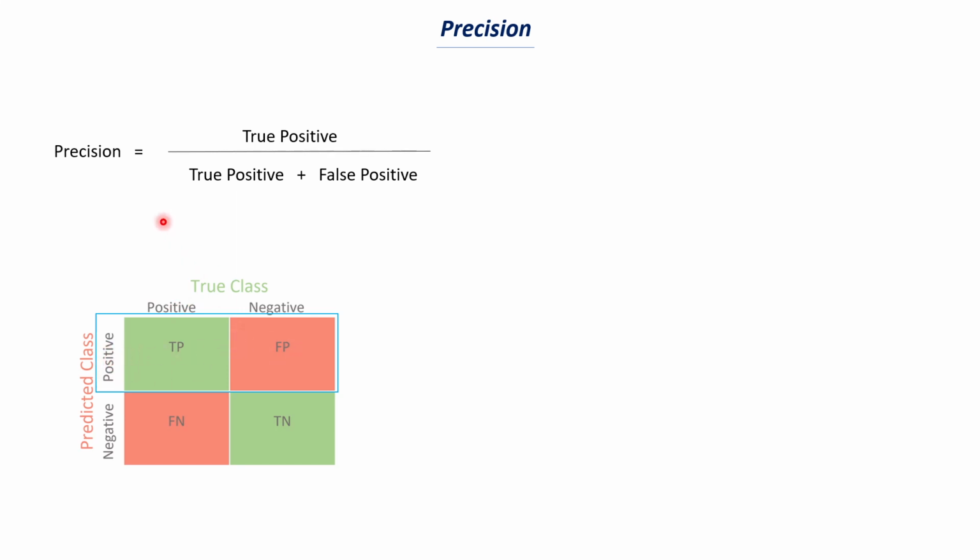So precision is true positive divided by the total number of predicted positives. The total number of predicted positives is nothing but true positive plus false positive. You just have to look at the confusion matrix. If you put a square here, true positive plus false positive are all the data points predicted as positive.